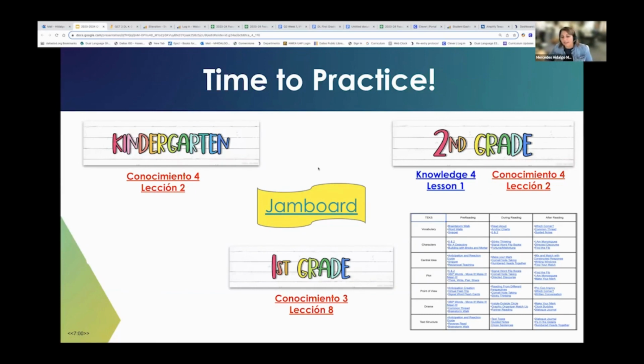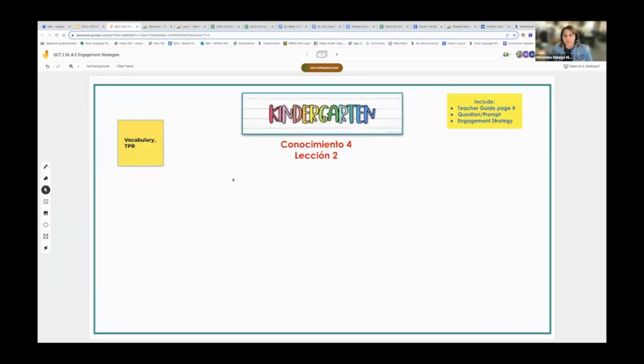And you can decide where you would like to do some kind of activity or a corner activity. I'm going to give you a couple minutes and then we can share.